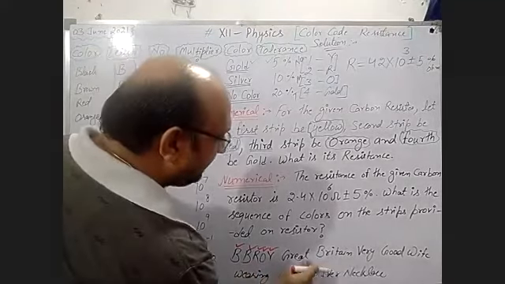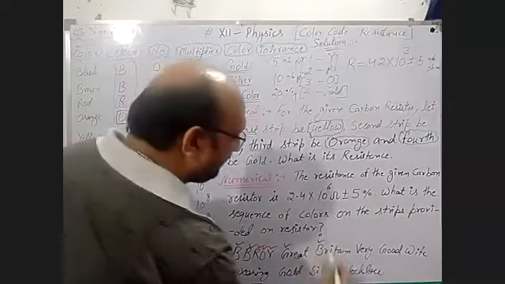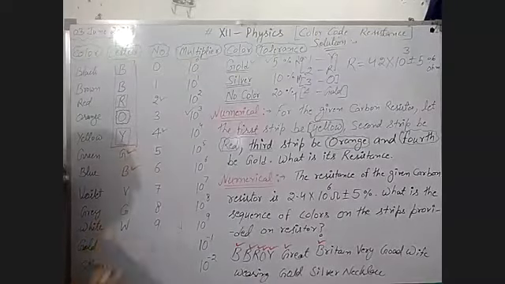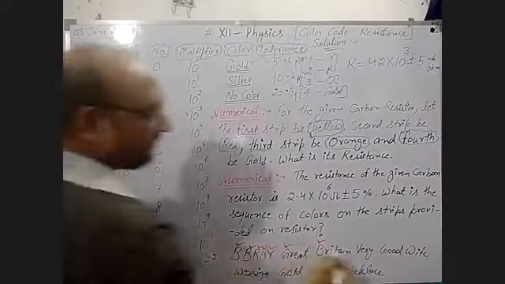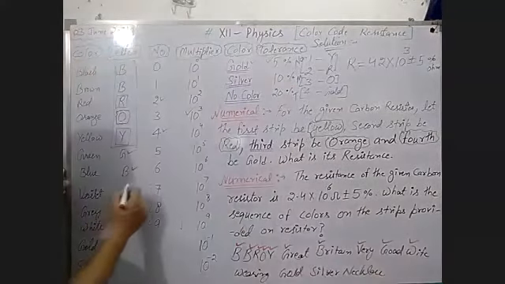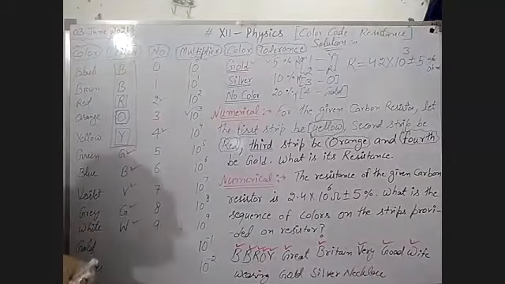Great Britain, here G is a capital letter, B is Britain. Now, G and G, Great Britain. Very good wife, VGW. In this way, you can arrange all these colors.